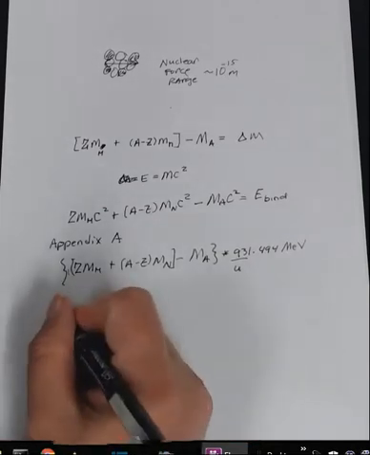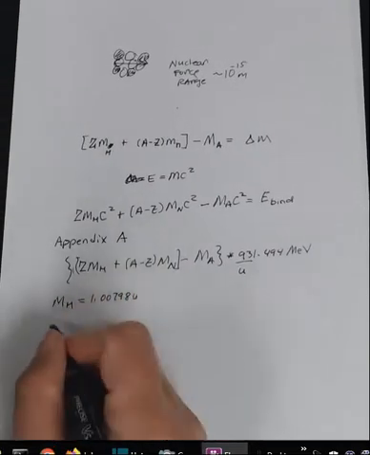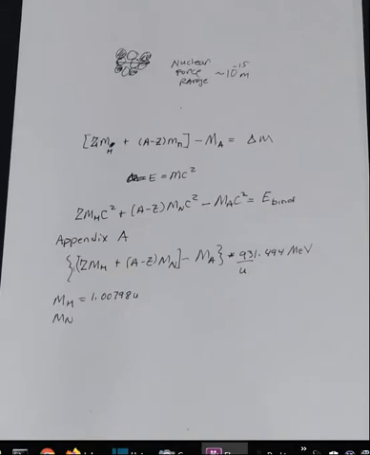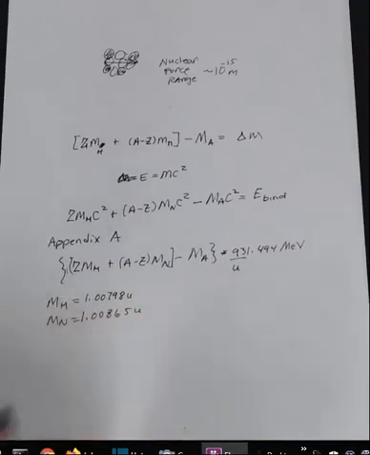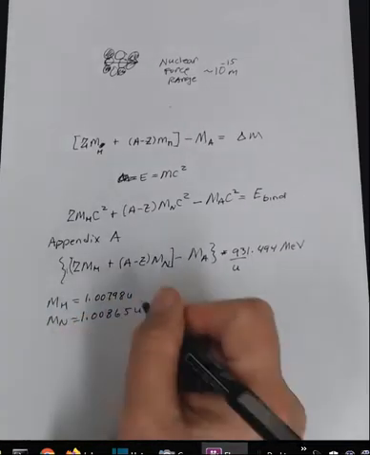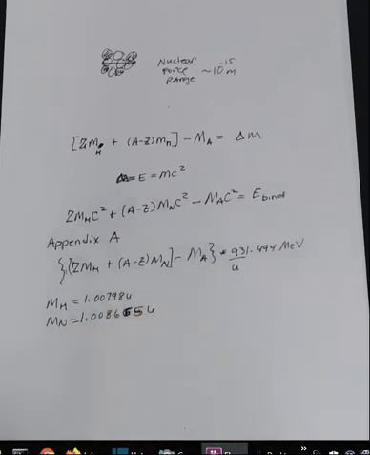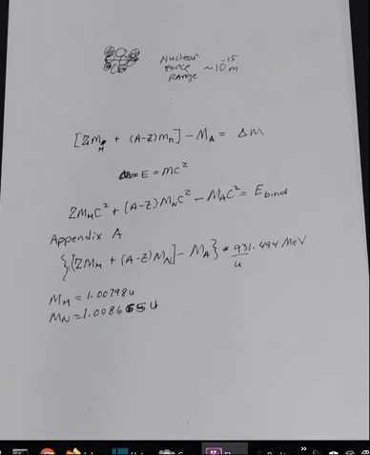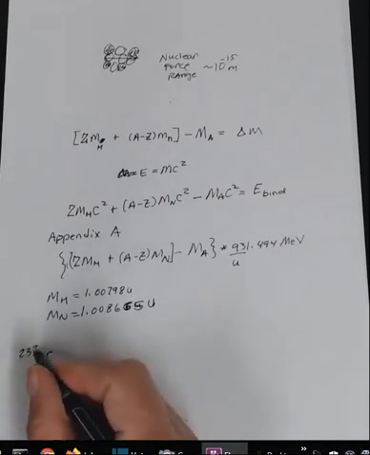According to your book, the mass of hydrogen is 1.00798 U. The mass of the neutron is a little bigger, 1.008665 U. I'm going to pick for my atom uranium-238.